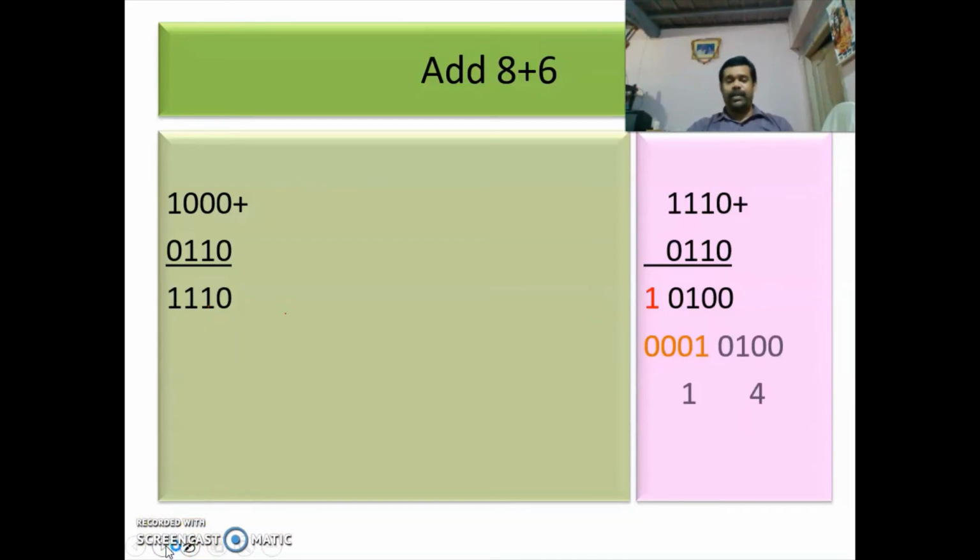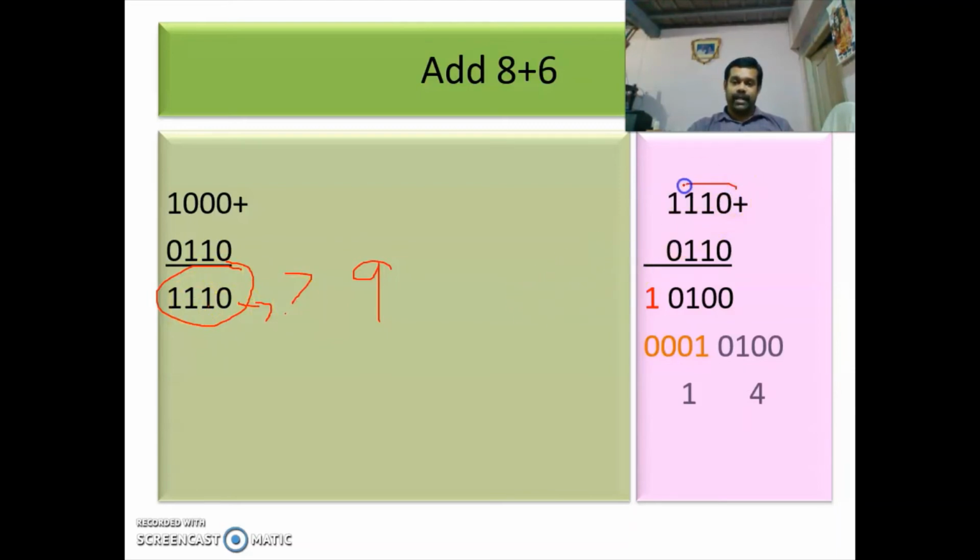So this is the sum you are getting: 1, 1, 1, 0. This number is greater than 9, so the sum is invalid.